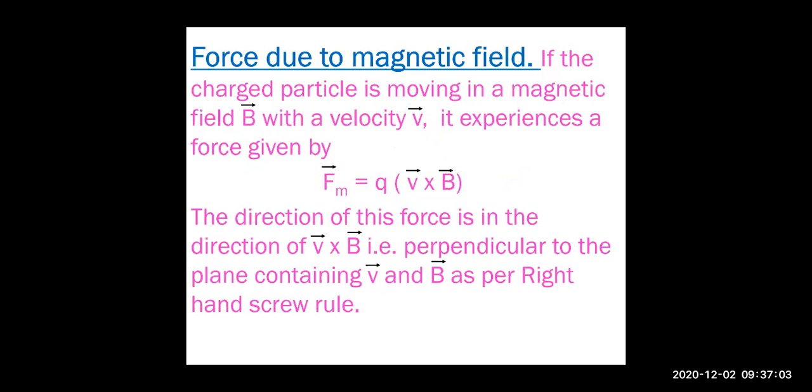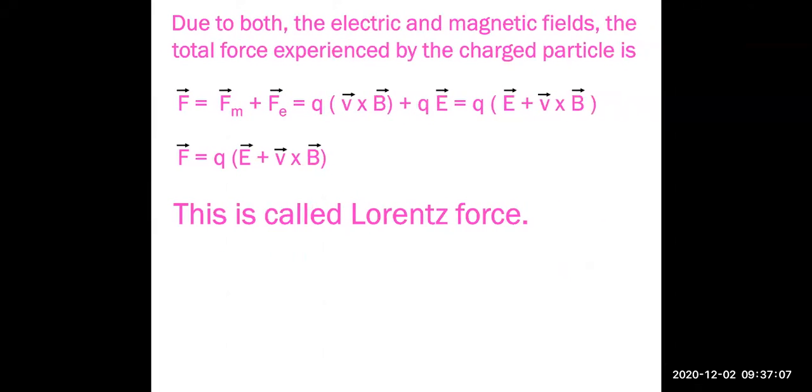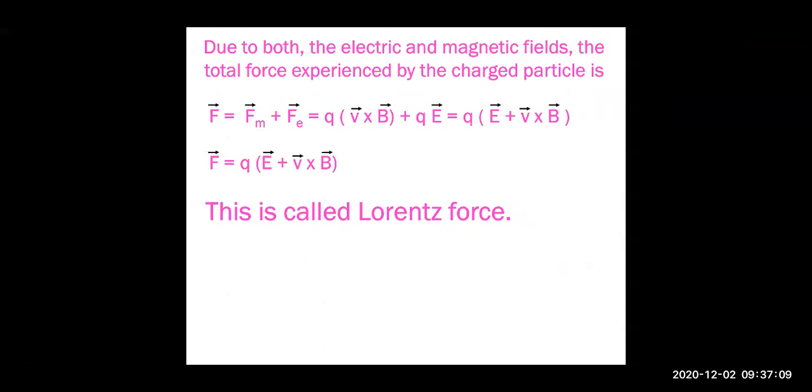So this is the force due to magnetic field, but we want force due to both of them. So we want the total force. So the total force is the addition of the two, which will be, instead of Fm we can put QV cross B, that is the force due to magnetic field, and instead of Fe, that is force due to electric field, we can put QE.